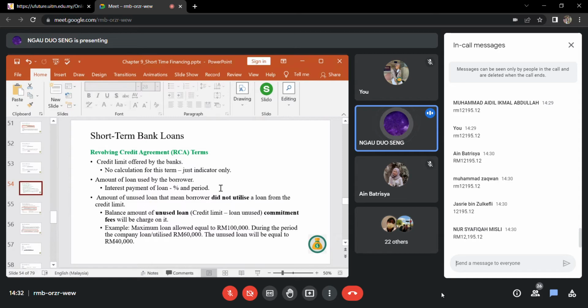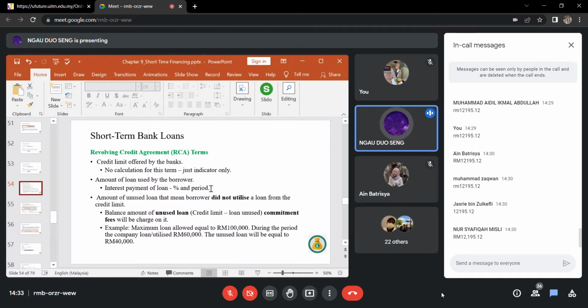Sebab kalau normal procedure, you have to apply. So syarikat kena apply kepada bank, then bank akan proses. Dia akan ambil masa. So syarikat nak elak, tiba-tiba syarikat perlukan duit, so dia straight away terus dapat the money.